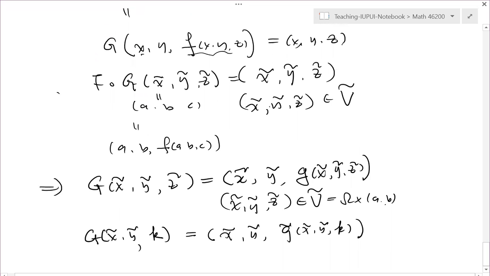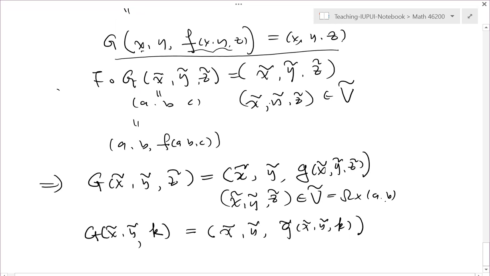I probably have to go back to this formula. So you can tell that maybe we use x, y, where x2 equals x and y2 equals y.